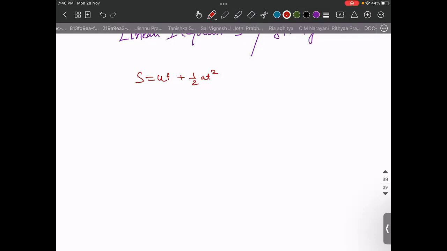It's a quadratic equation. Yeah, so V is equal to U plus at. Is this a straight line? Why? Between whom? If you plot between S and a, it is a straight line. Because the quadratic is in t, you have to understand that part.